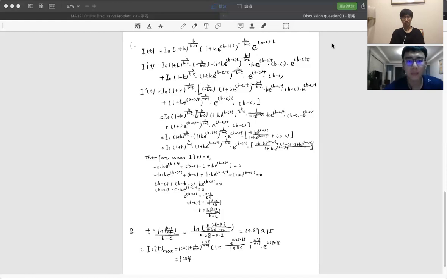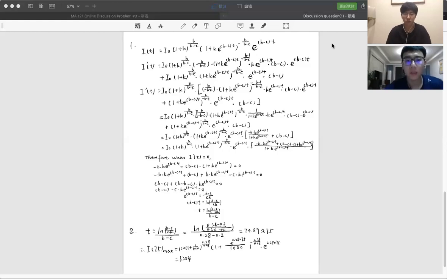You can see on our second step of differentiating I(t), we have a bracket that includes the differentiation of the rest of the equation. In order to differentiate I(t), we need to use the product rule.